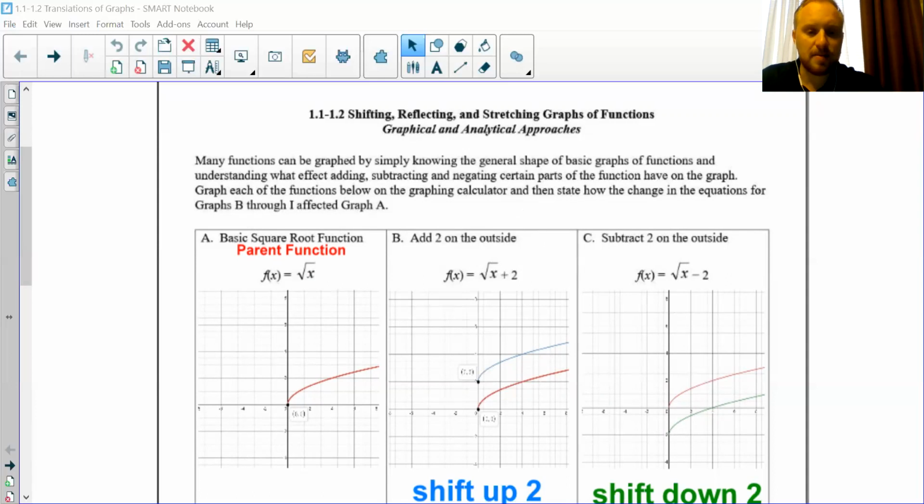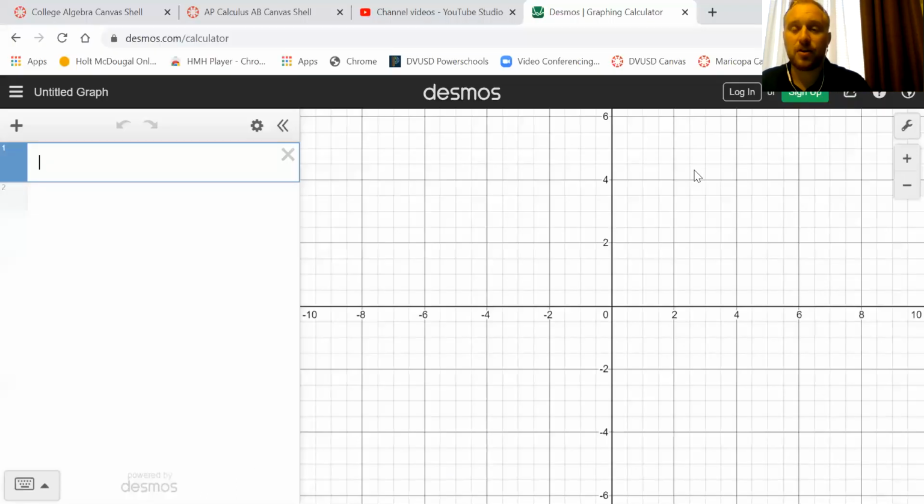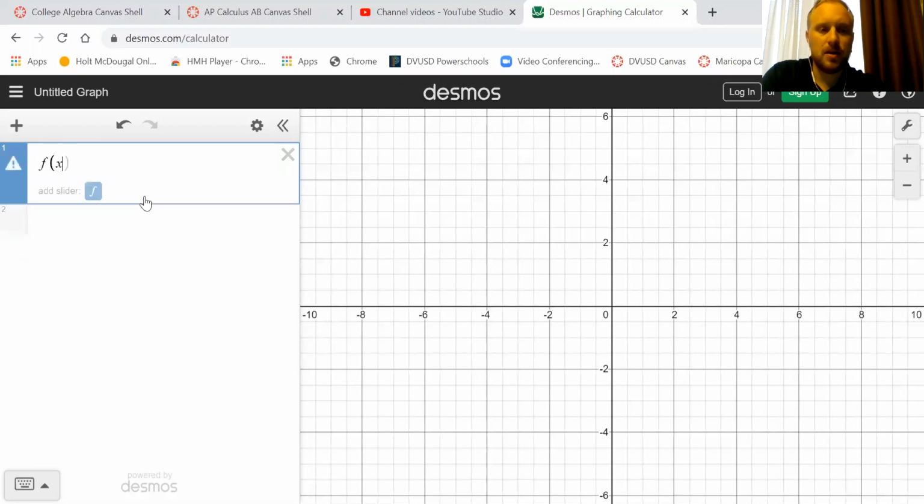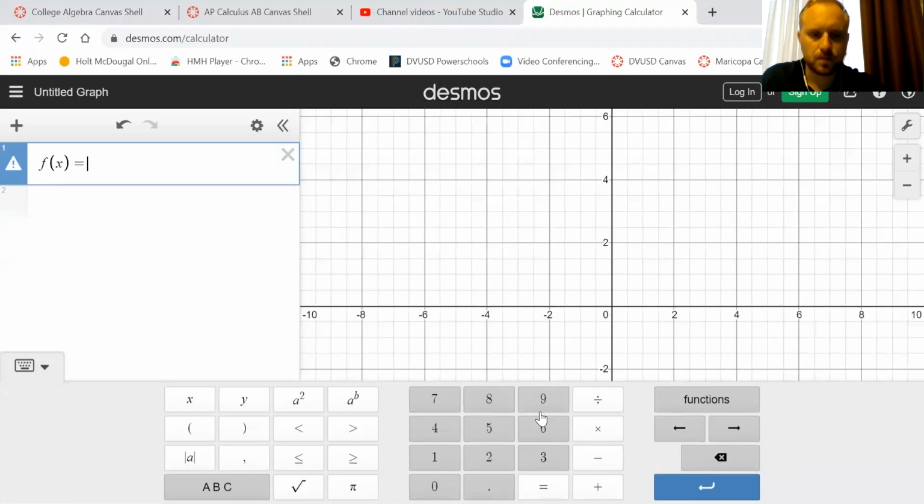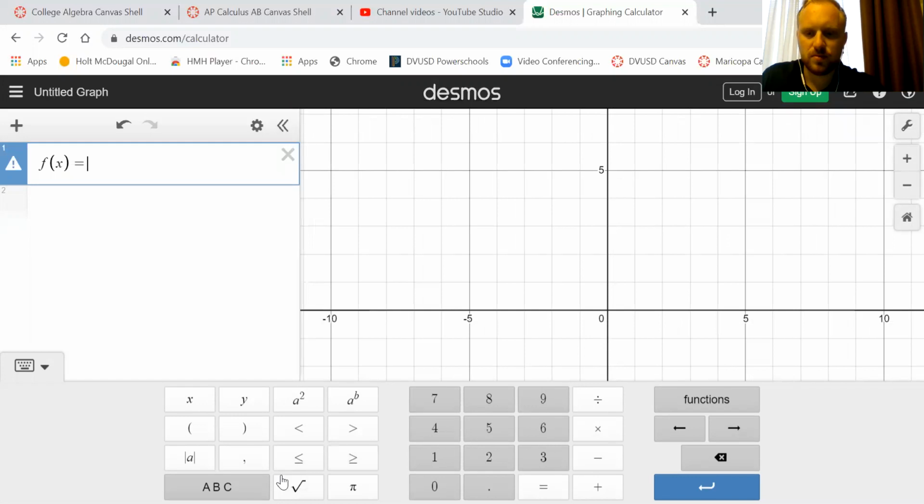So what I'm going to do is share my screen, and I'm going to use Desmos. And Desmos is a great graphing calculator to help us whenever we need to see a concept and to be able to graph. Okay, so what I'm going to do is type in the parent function, and I'm going to do the square root.